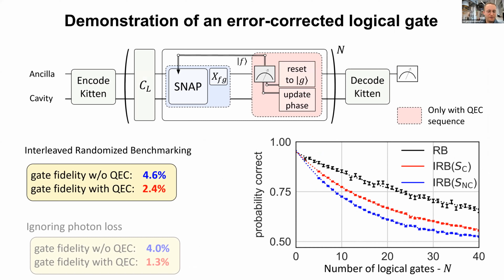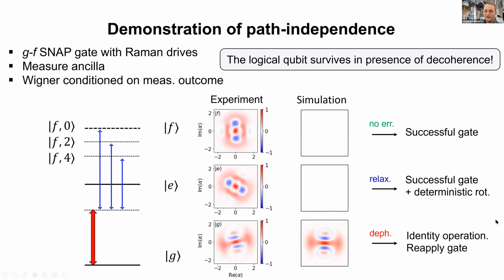We just go from G to F. If you change the drive phase with which you do that, then you will apply a different phase to the logical qubit. If you were to continue that gate, if you would apply it twice as long, you would get the π phase. And I think this answered both questions, right?